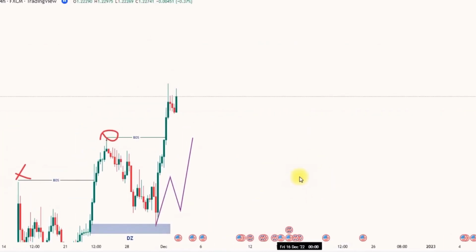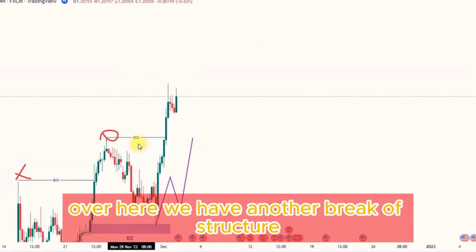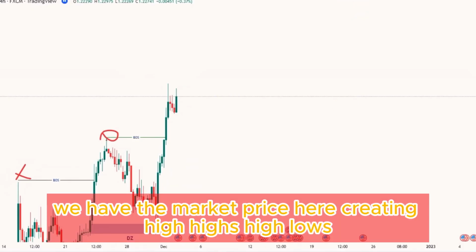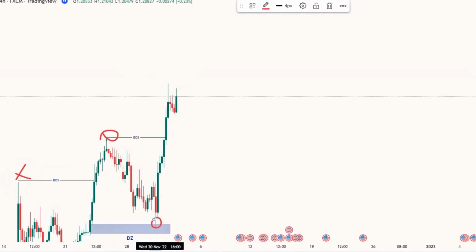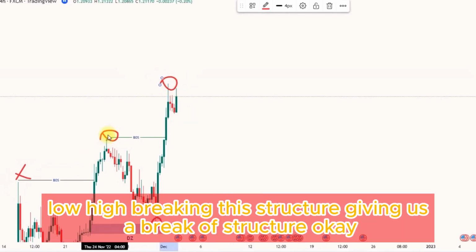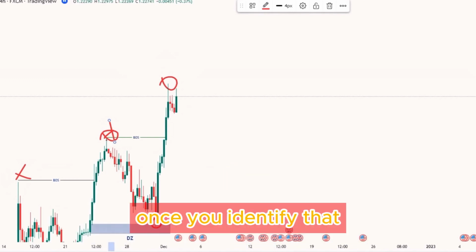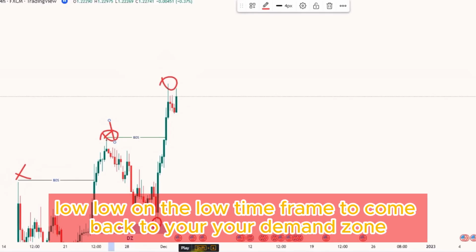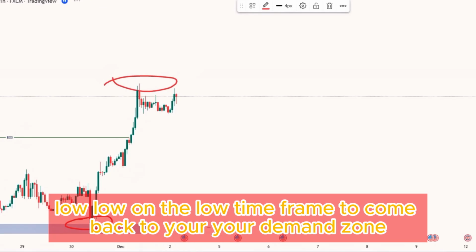Over here we have another break of structure. We have the market creating high highs, high lows, breaking this structure, giving us a break of structure. Once you identify that, you wait for the market to create some type of lower high, lower low on the lower time frame to come back to your demand zone.